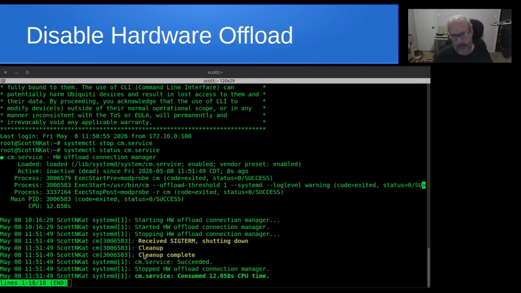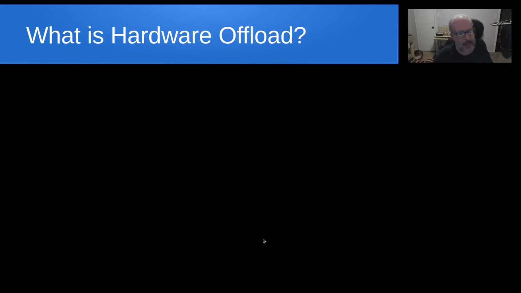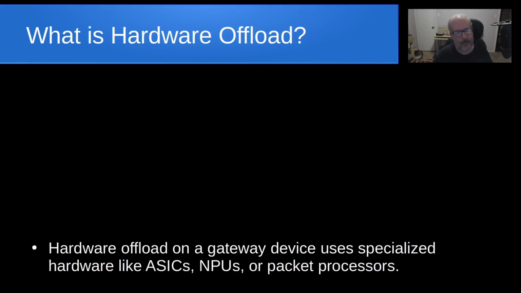And here it clearly says that it's cleaned up after itself and that the service is actually stopped. Why they asked me to do that, I wasn't entirely sure, but here's my stab at what I think that's all about. So what exactly is hardware offload?